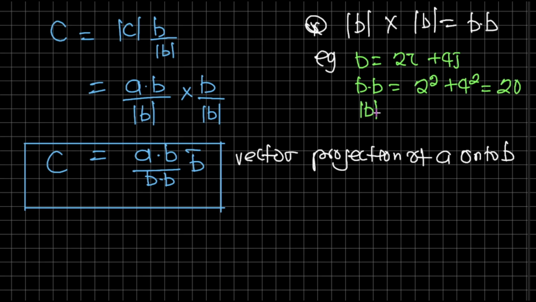Now magnitude of B times magnitude of B: magnitude of B will be equal to square root of 20, so that will be root 20 times root 20.